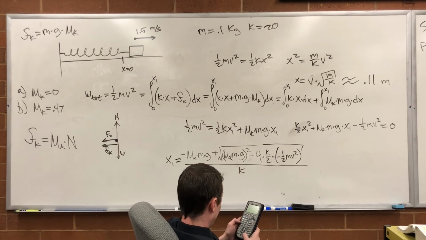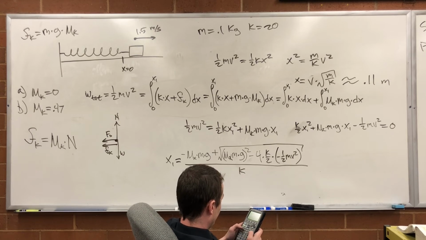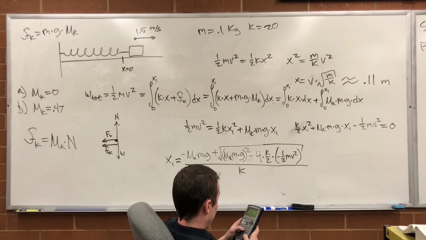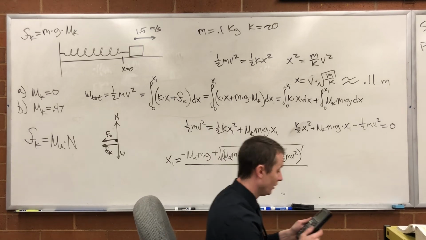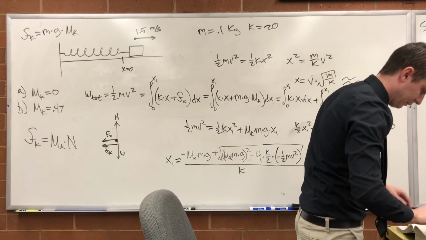Okay, so we're looking for negative b plus the square root of b squared minus 4 times a times c, and I need the whole thing divided by 2 times a, which is 8.5 centimeters, so they'll probably say 9 centimeters.